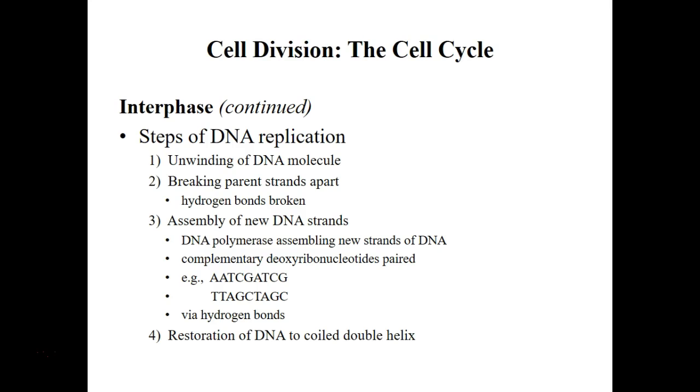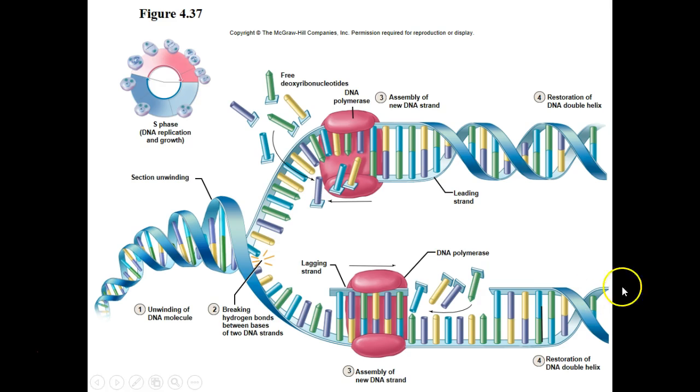So this is going to happen on both of our DNA molecules. It's unwound, so we have 2 single-stranded DNA molecules. Our DNA polymerase binds and produces a complement to each side, which then, in a nutshell, produces 2 double-stranded DNA molecules.